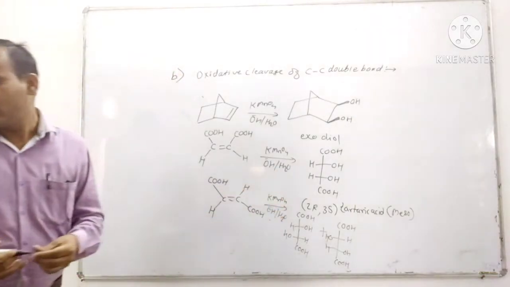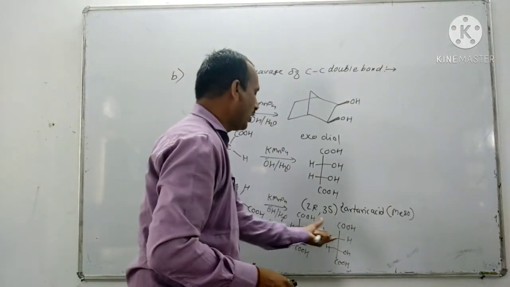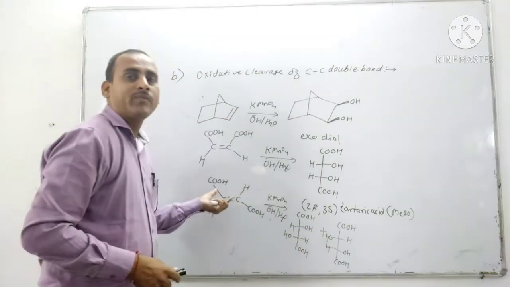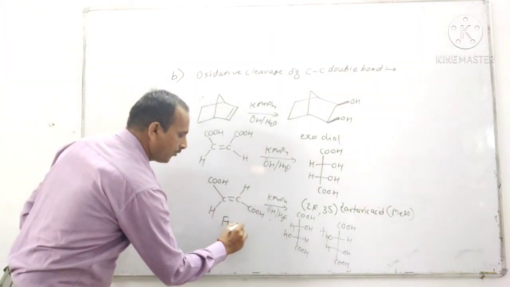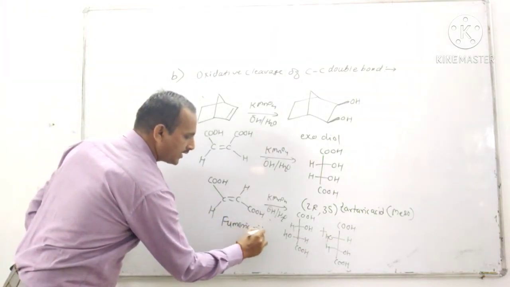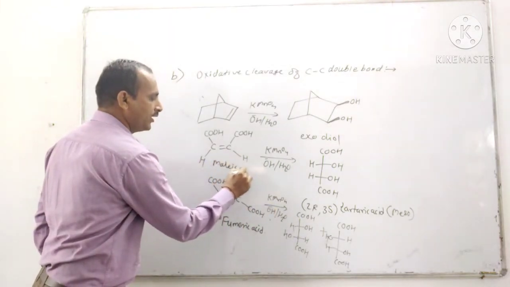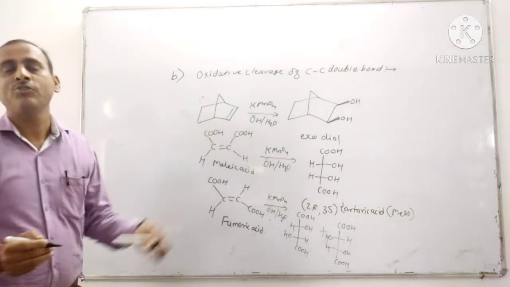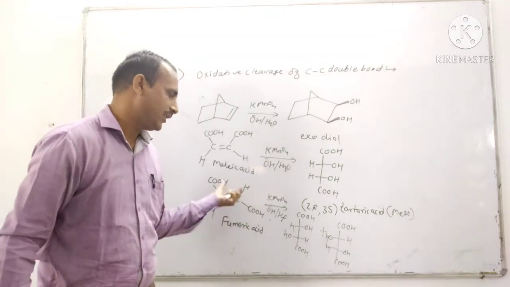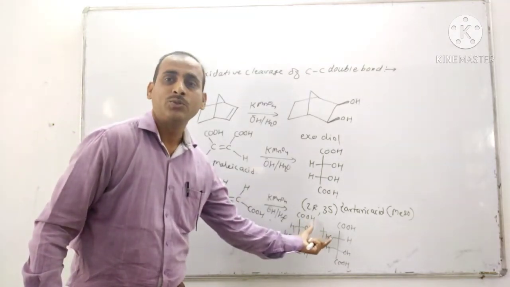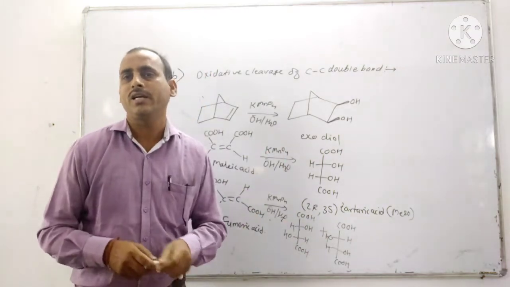So these two isomers are formed. These are the enantiomeric pair formed by the oxidation of fumaric acid by using this chemical in alkaline conditions, and this is the maleic acid. So maleic acid gives mesotartaric acid, while the fumaric acid gives the two isomers, that is the enantiomeric pair of the tartaric acid.